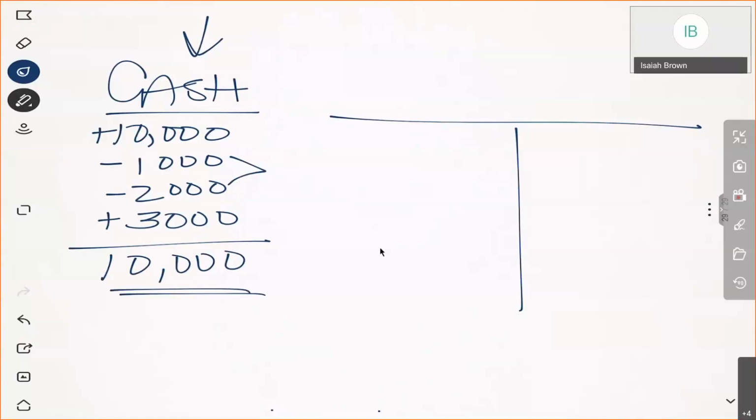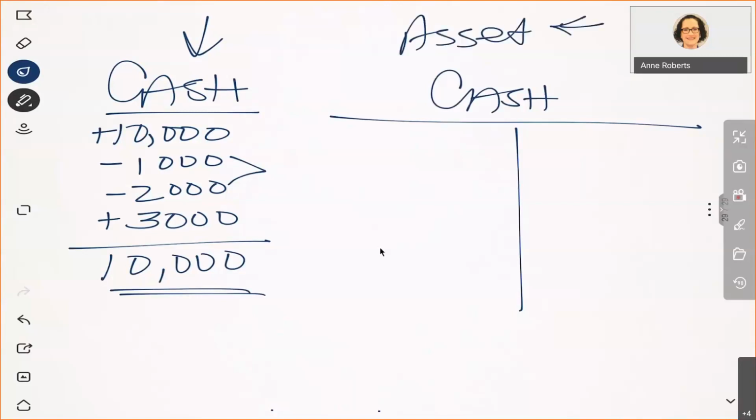Now let's convert that to accounting. In accounting, when we're talking about cash, remember, cash is an asset. It's on the left-hand side of the equal sign, so it's going to go up on the left and down on the right.